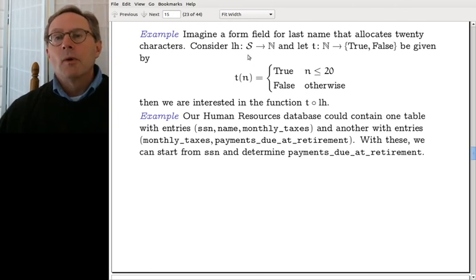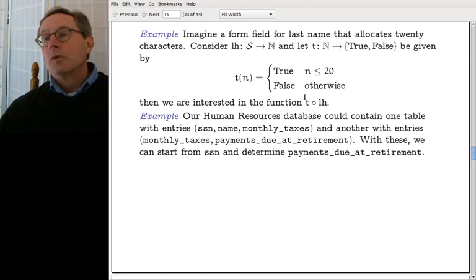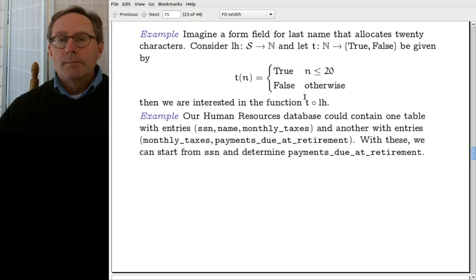So exactly what we're interested in when we're trying to verify that the last name is no more than 20 characters is we have to first compute its length, and then we have to decide yes or no, is it a length we can allow. So we're taking compositions of functions all the time.